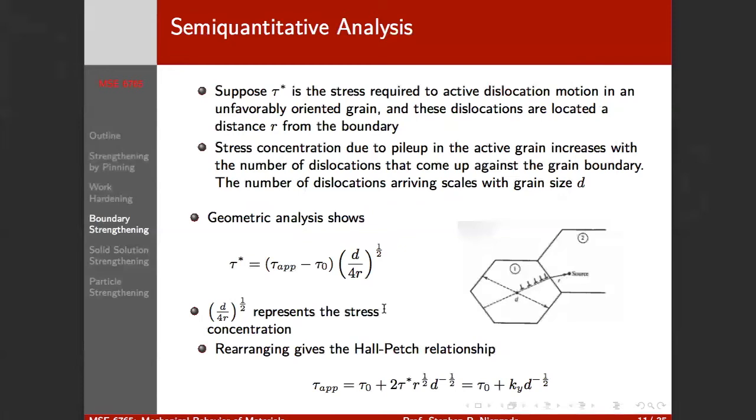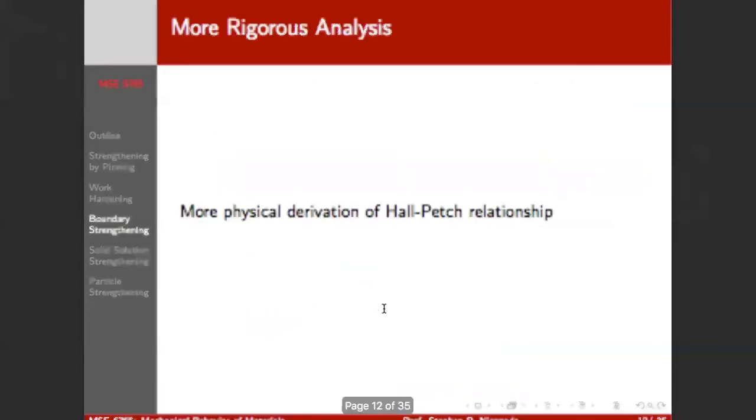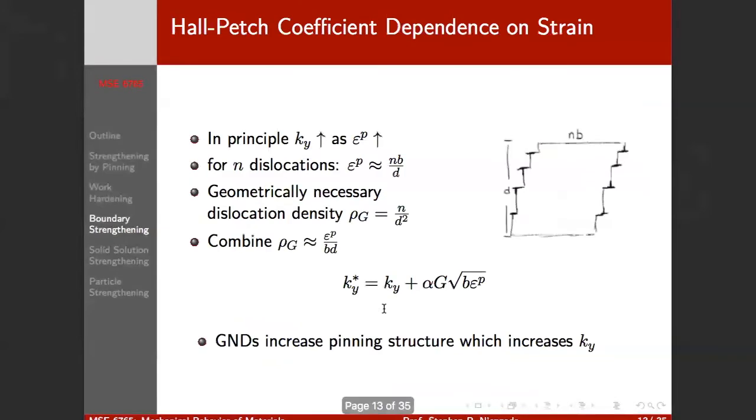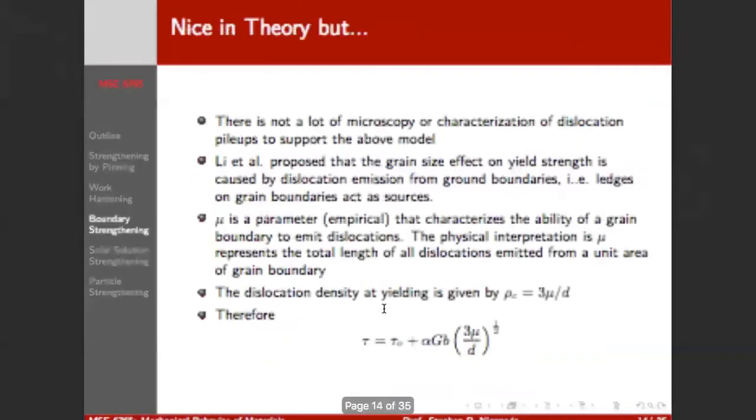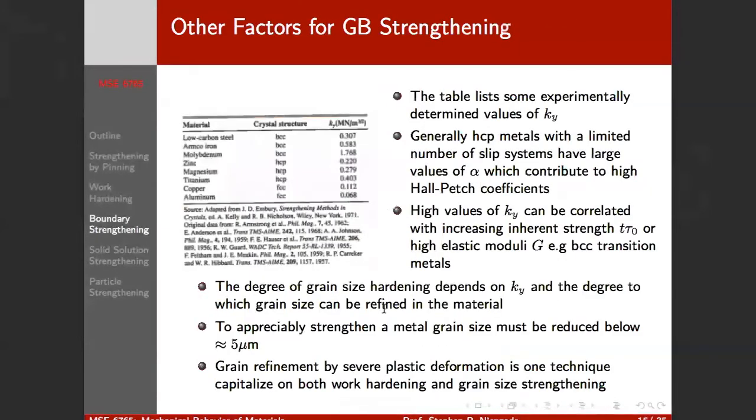So basically the larger the grains here, the more slip we can have in this grain to activate sources near the neighbors. Right, so that's a physical picture of Hall-Petch.